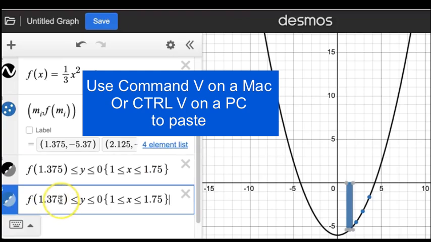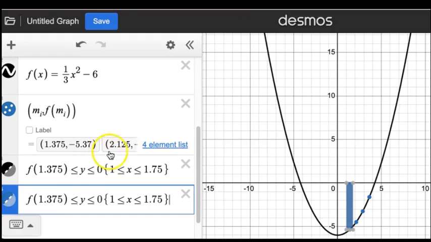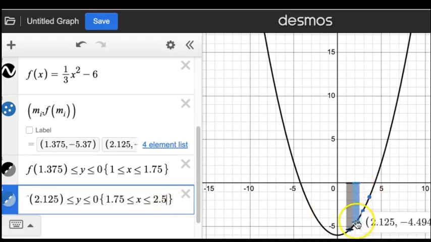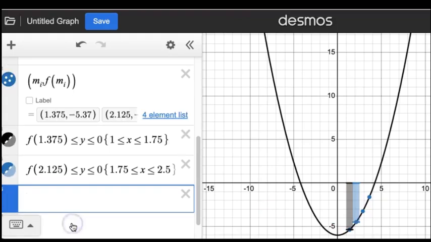Now I'm going to go from the second midpoint, which is 2.125, to 0. And then instead of going from 1 to 1.75, I'm going to go from 1.75 to 2.5. And then you see the blue rectangle next to it there. And then we'll go ahead and paste again.